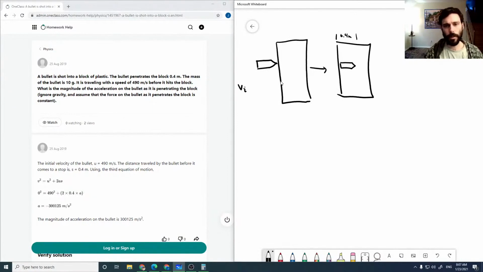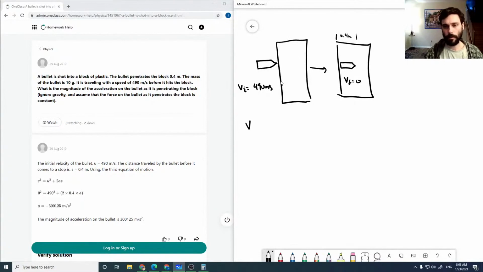So the initial speed of the bullet is 490 meters per second. Our VF here is 0. And so what is the magnitude of the acceleration as it's penetrating the block? And assume that the force or the acceleration is constant.